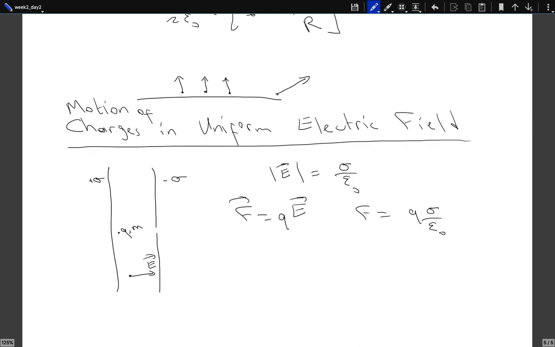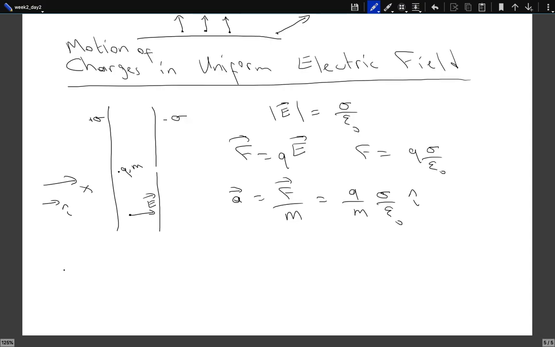Well, Newton tells us that the acceleration of an object is equal to the force divided by its mass. So this is q over m times sigma over epsilon 0 in the horizontal direction. Let me just call that direction the unit vector i hat. So this is the acceleration acting on the object.